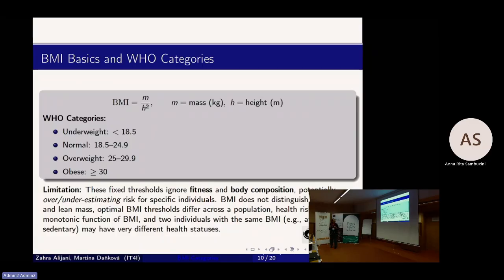Normal varies between 18.5 and 24.9. Overweight is between 25 and 29.9, and obese is BMI above 30. This fixed threshold, as I mentioned before, has different shortcomings. So we wanted to modify this categorization and see whether it can be useful for us or not.